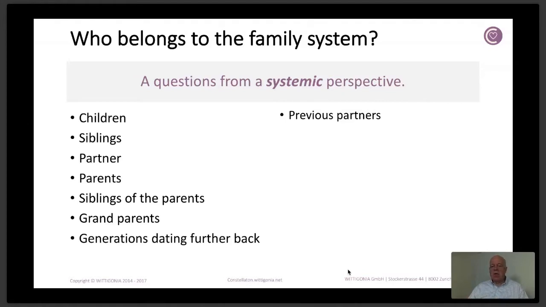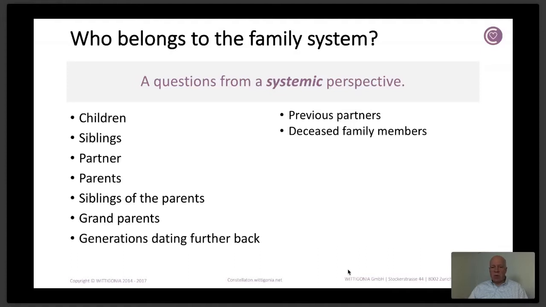And here we have a first important thing to acknowledge, that these members of the families also belong to the system.